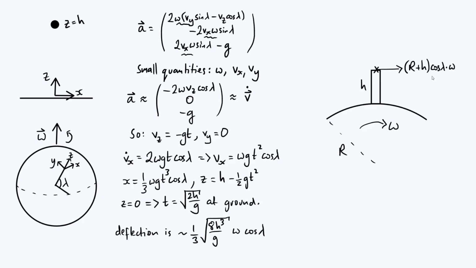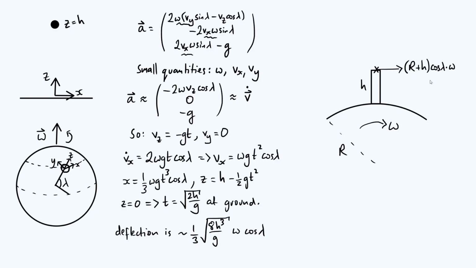Now, the reason, by the way, that this cos lambda appears here is if you look back at this original diagram on the left and you look at this point where we're doing our experiment, that point is moving in a circle that looks something like what I'm drawing on now, right? And so that radius is actually smaller than the radius of the Earth by a factor of cos lambda, right? Essentially, it's not moving along a great circle, it's moving along this slightly smaller circle.